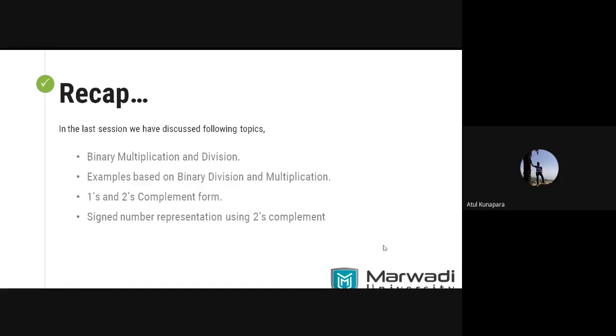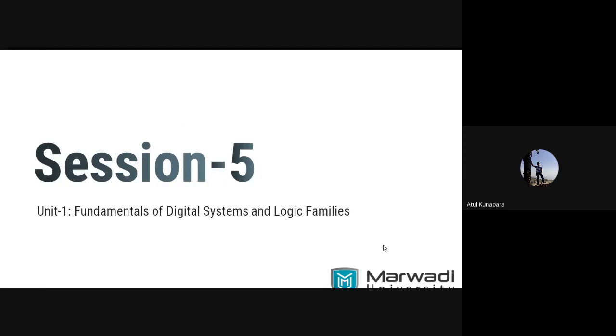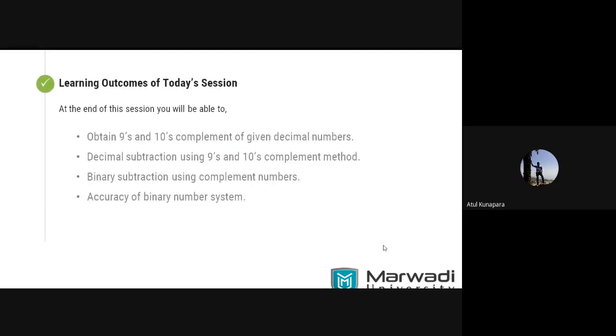Now let's move ahead in today's session number 5, from unit number 1, fundamentals of digital systems and logic families. So what will be our learning outcome for today's session? At the end of today's session, you will be able to obtain the 9th complement and 10th complement of a given decimal number.